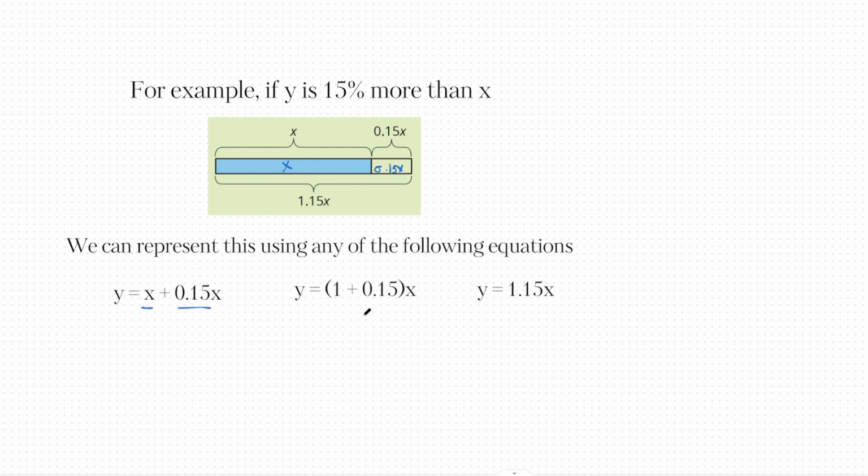We could use the distributive property where it's 1 plus 0.15 times x, or we could just write it as y equals 1.15x. But y, the number y, is the entire thing. From here all the way to the end, that's y, because it says y is 15% more than x.